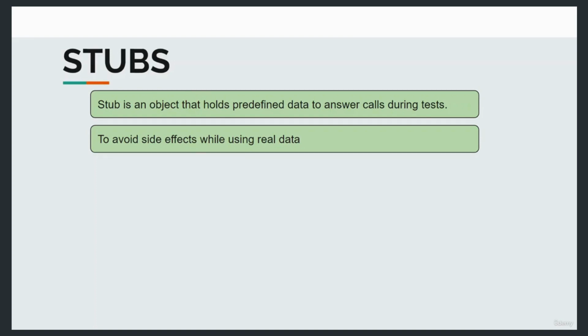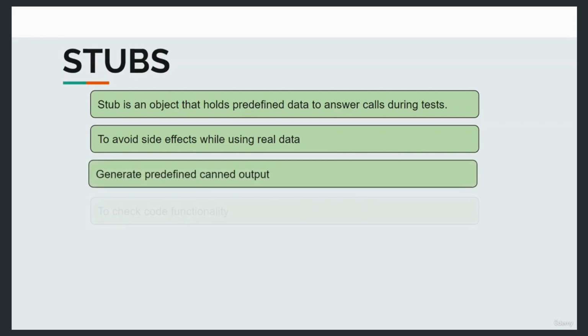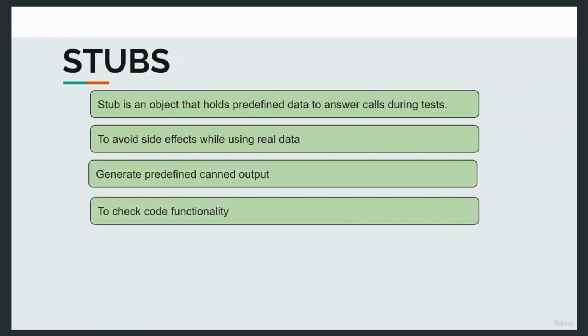So using a stub, you just need to check how your function behaves using hard-coded data, which you can easily do using different tools, or using a function or class within the code itself to return the hard-coded values. So using this you can check the code functionality.